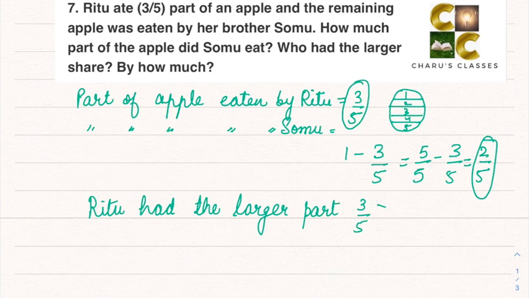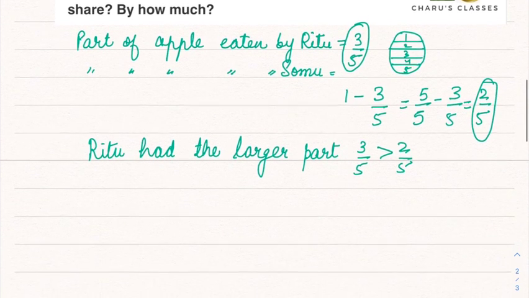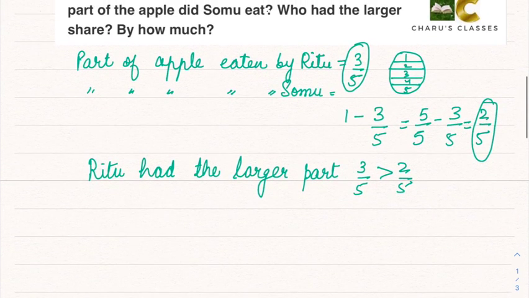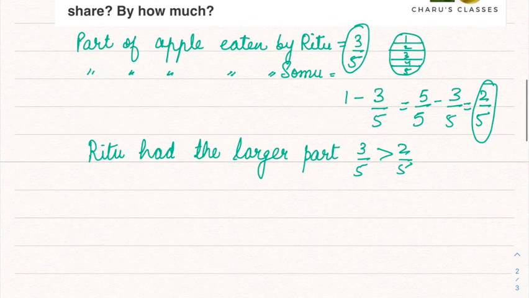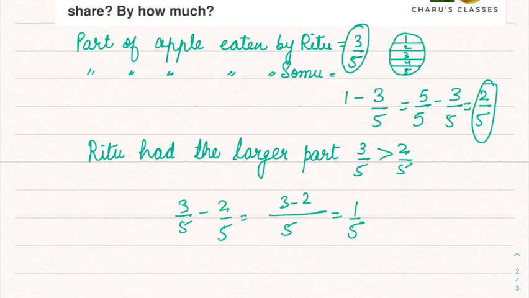Because 3/5 is greater than 2/5. They have also asked by how much. So by how much means what is the difference. So 3/5 minus 2/5, that is 1/5.